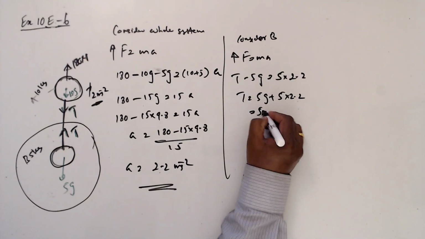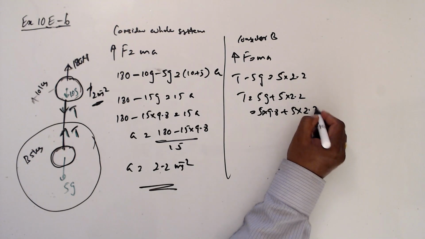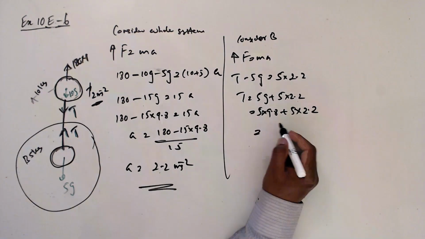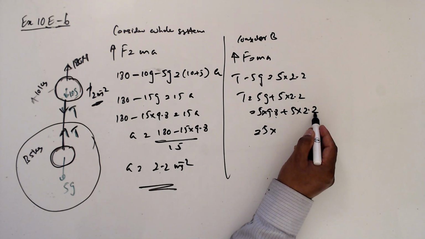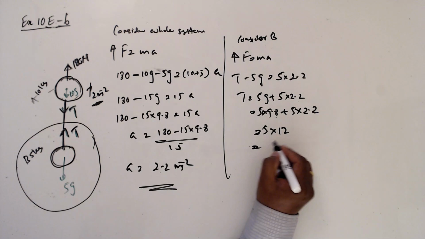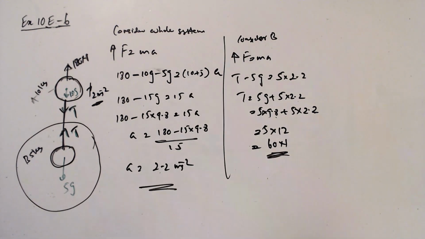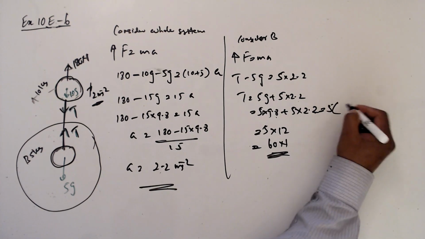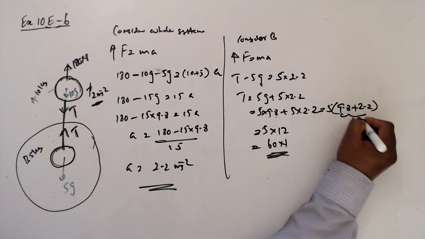This is 5 times 9.8 plus 5 times 2.2. So 5 times 12 is 60 Newton. What I did here, I factorized 5. So 9.8 plus 2.2, that is 12.